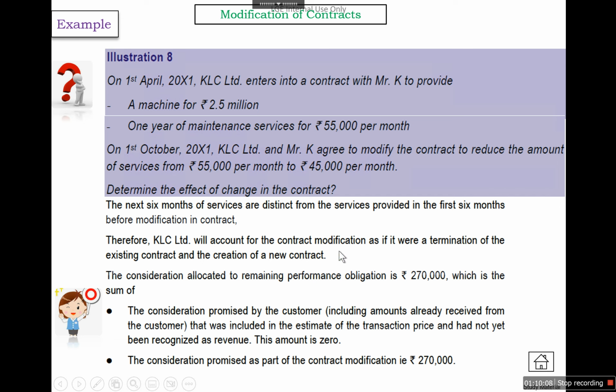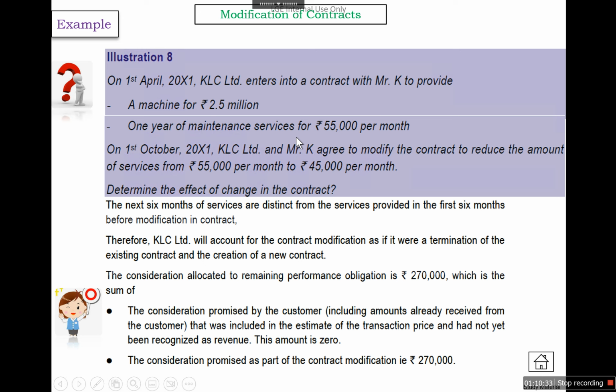So KLC will account for the contract modification as a termination of the existing contract and creation of a new contract. Because if one of the conditions of distinct goods and standalone price is not met, in that case we need to check further whether it is distinct goods. Yes, it is distinct goods because it is about the maintenance services.